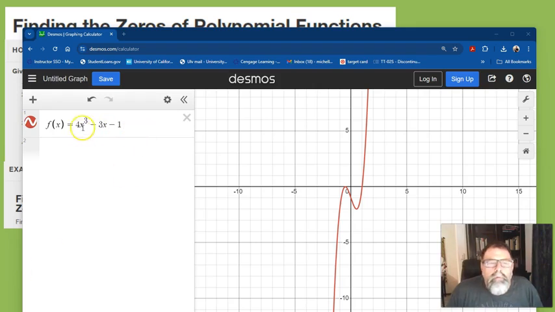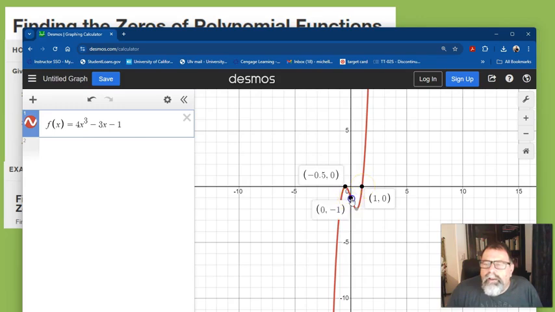Okay, so you can see 4x cubed minus 3x minus 1, and you can see it bounces at negative 1/2 or negative 0.5, and it cuts at 1, right? So we get the x-intercepts are negative 1/2, 0, and 1, 0. The y-intercept's negative 1.